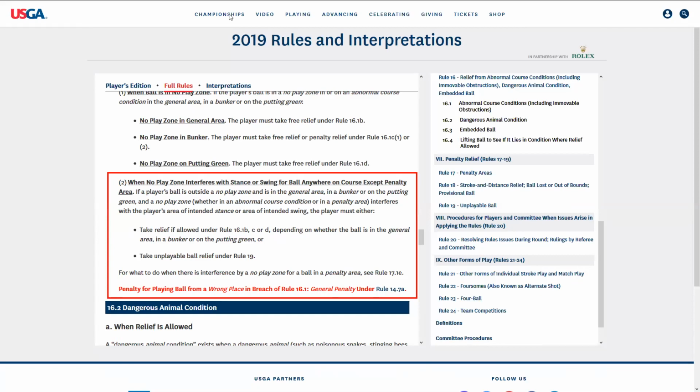If the ball is, say, 3 feet out of the abnormal course condition in a no-play zone, and when they take their swing, their club touches grass that is growing inside the abnormal course condition and is hanging over the no-play zone, they have to take relief. Why? Because they have interference from a no-play zone in an abnormal course condition.